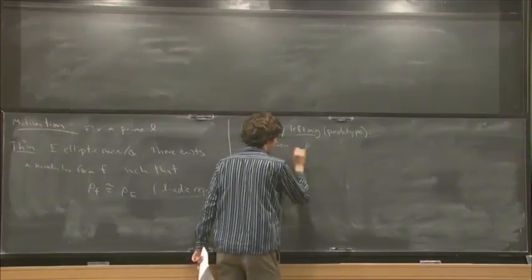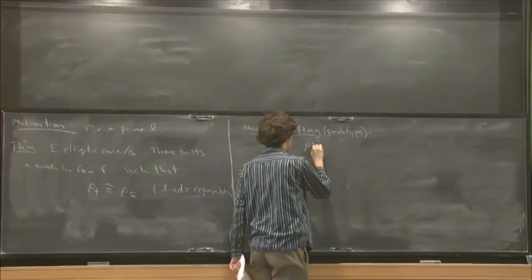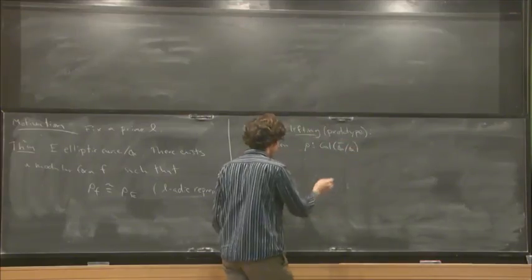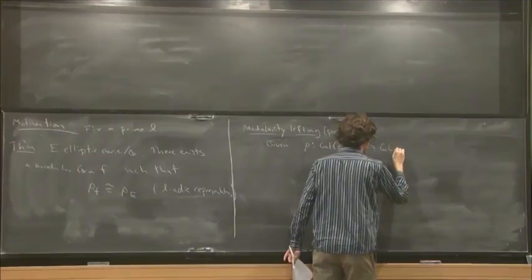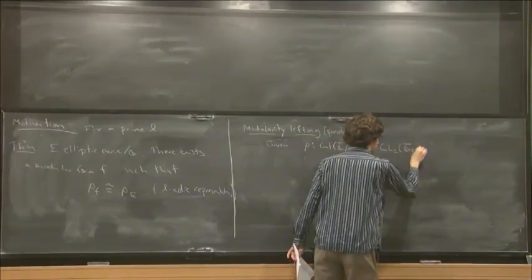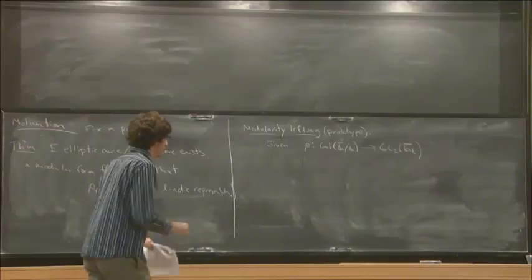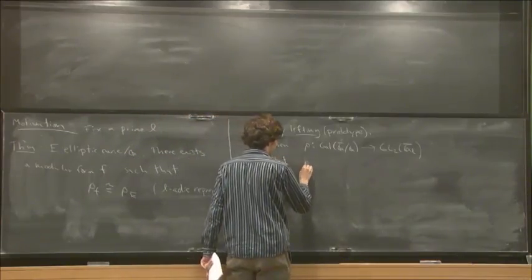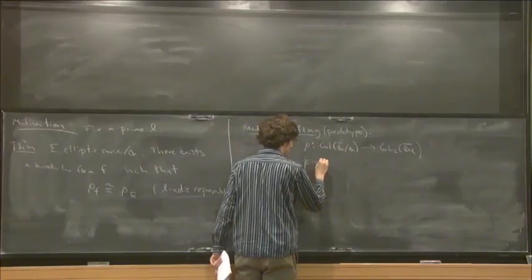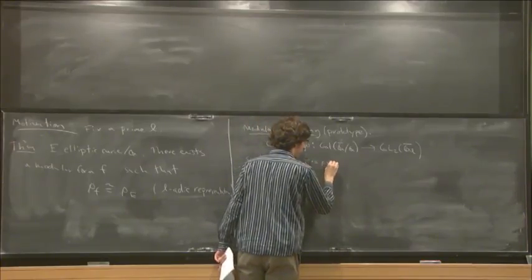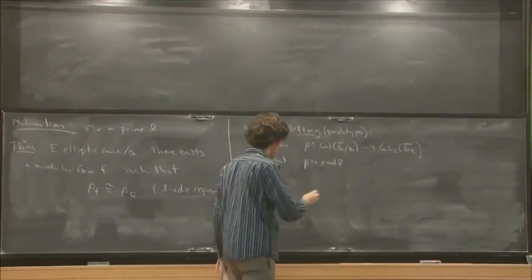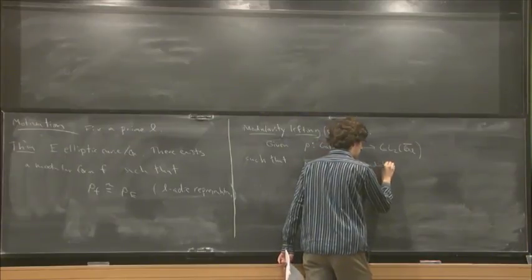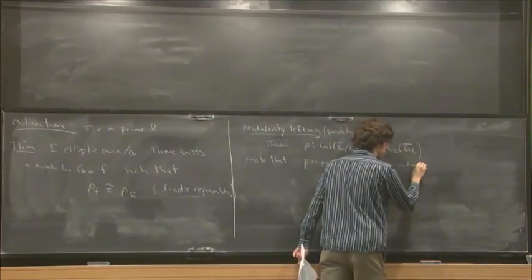now if you give me an L-adic Galois representation, say of the absolute Galois group of Q, into GL2 of Q_L bar, and let's say that its reduction, this is rho bar, is, let's just say, irreducible and modular.